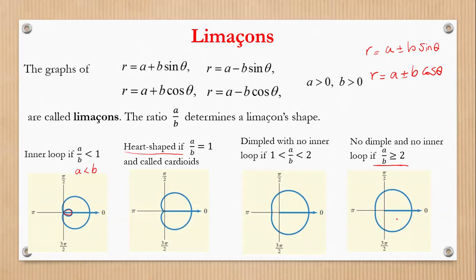And you can see the picture. The heart shapes are also called cardioids. If you heard these names, that means the heart-shaped Limacons.